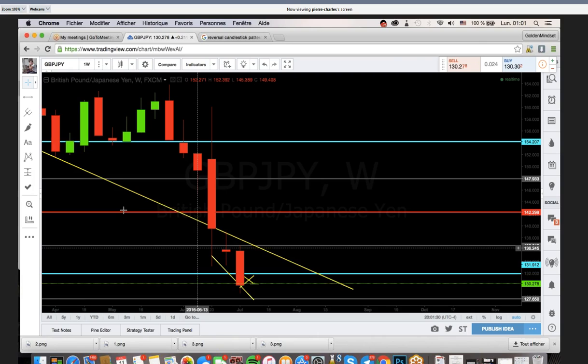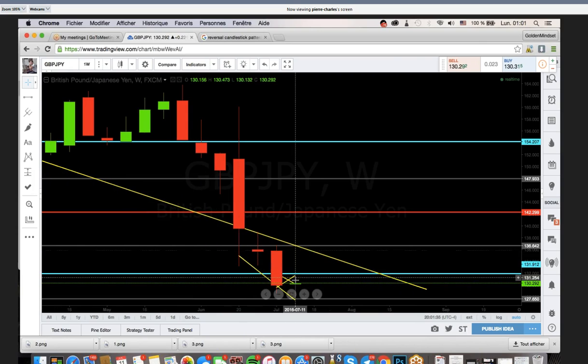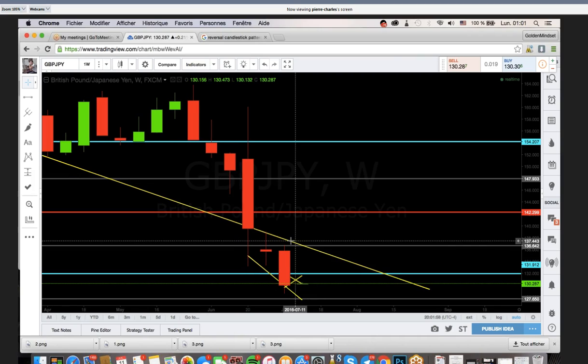For me to get a bullish weekly candlestick pattern, I will need 7 bullish candles or more, meaning 3 bullish candles, 1 bearish candle, and then 3 other bullish candles to have a beautiful weekly reversal pattern.